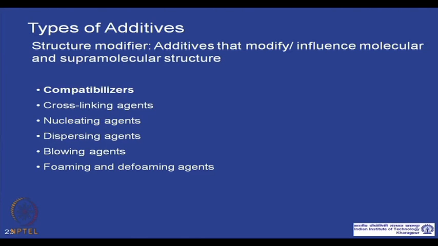Nucleating agents, which are added to increase the crystallinity. Dispersing agents, which are used for dispersing some fillers in the polymer matrix. Foaming and defoaming agents, which are added to make foamed polymer products.